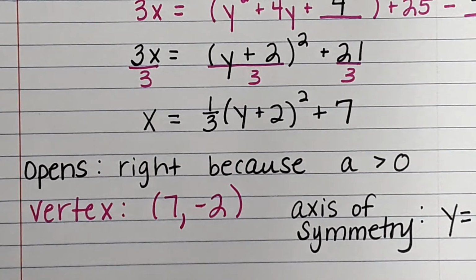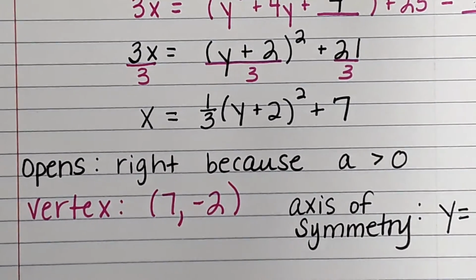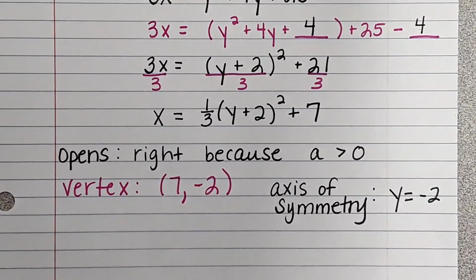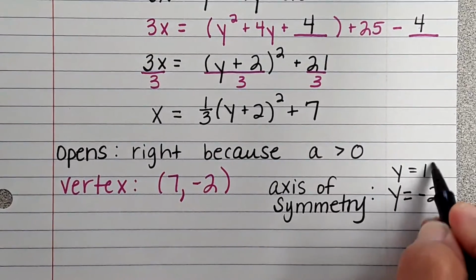Because again, your axis of symmetry for a right or left parabola is a horizontal line. An x equals equation is a vertical line. I need the horizontal line. So things are revolving around that k now. Your axis of symmetry is y equals -2 because that's what k is. So y equals k.